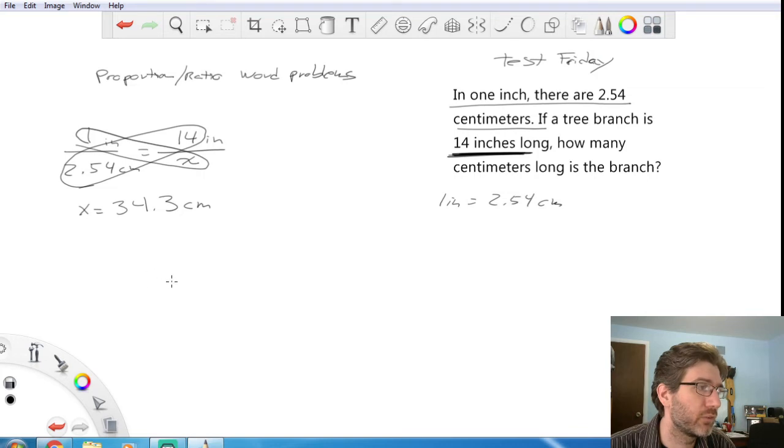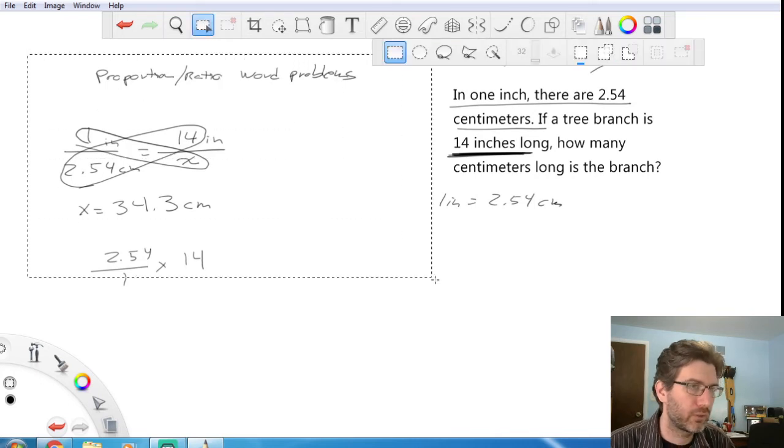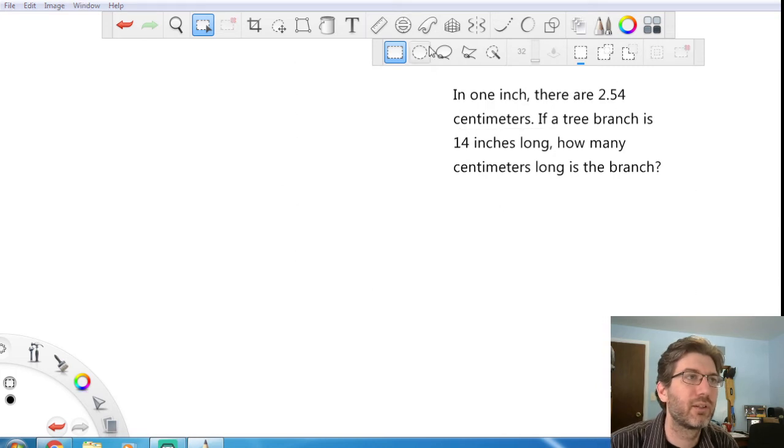Well, it kind of already was in unit rate if you want to look at it as 2.54 over 1, and you want to multiply that by, what was it, 14? That'll give it to you if you want to do unit rate. So there are different ways to solve them. Pick whichever way you're comfortable with. I personally just set up proportions for everything, unless I can see it really easy off the top of my head.